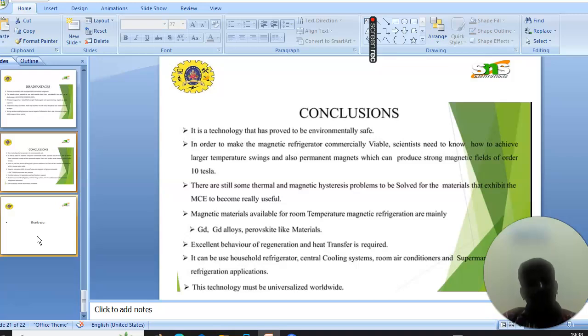Advantages of magnetic refrigeration are high efficiency, reduced operating cost, compactness, process reliability, and low capital cost. However, it possesses some disadvantages, such as the initial investment being more as compared to conventional refrigeration.